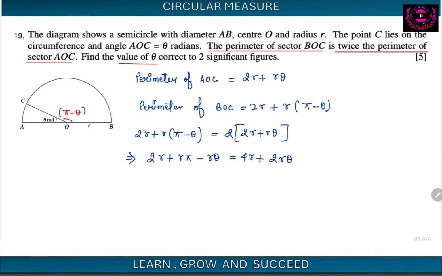Find the value of theta. So making theta the subject, now I have 3r theta equals 2r minus 4r, which is minus 2r, plus r pi.